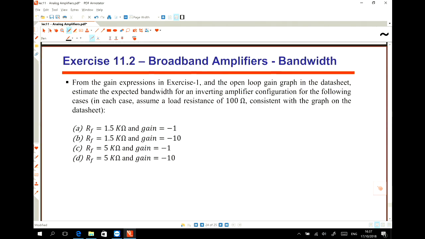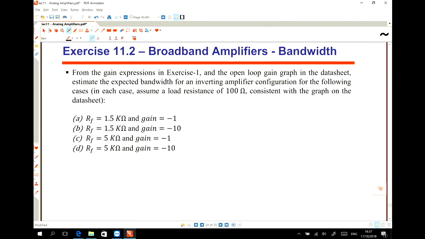In the second question, it is mentioned that for different values of RF and gain, what will happen to the bandwidths, based on the Bode plot, the open loop transfer function and bandwidths, the gain and bandwidths.